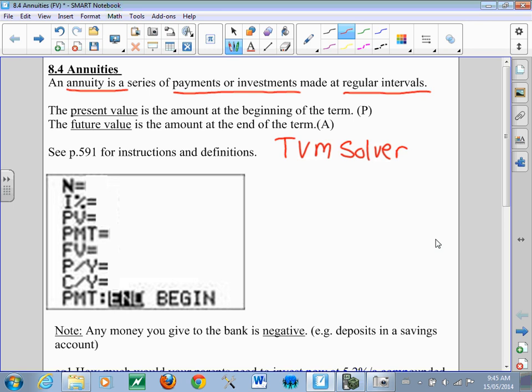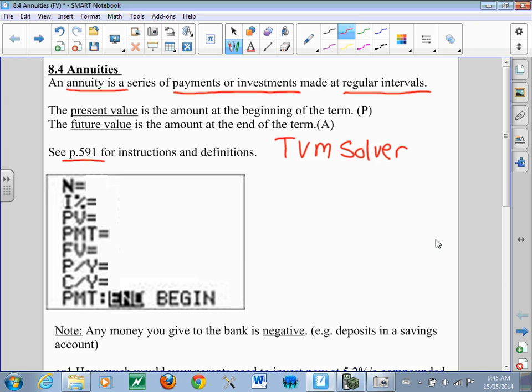The banks themselves will have mortgage calculator apps right on their website, and you just plug the information in. They just perform the same operations. I just chose to use a TVM solver because we've got instructions in our textbook, page 591, and it talks about definitions and everything.